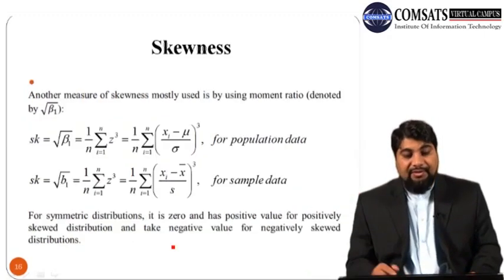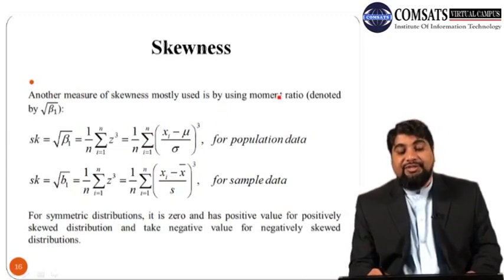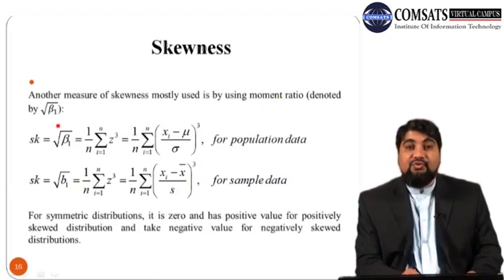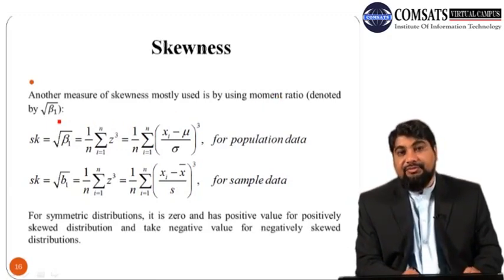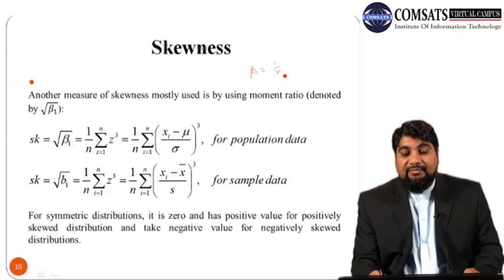Another measure of skewness, mostly used, is by using the moment ratios, denoted by square root of the first moment ratio beta 1, square root of beta 1. Note that beta 1 was summation z cube whole square.